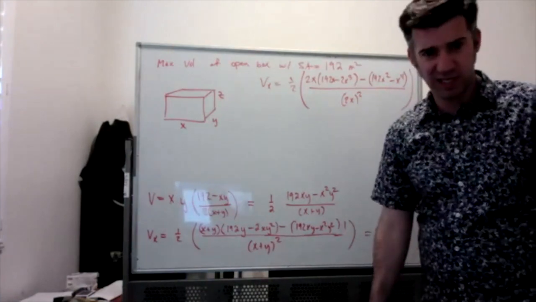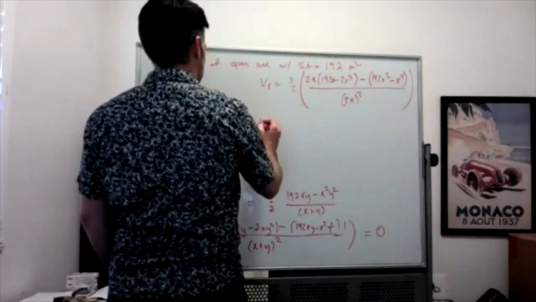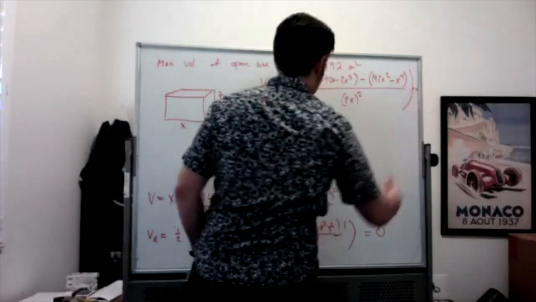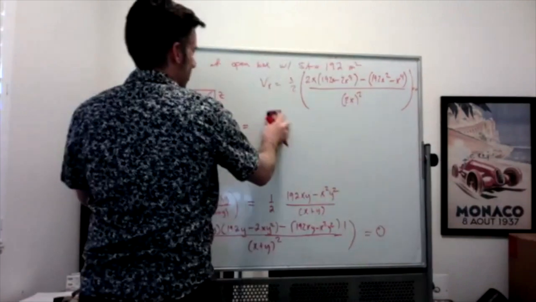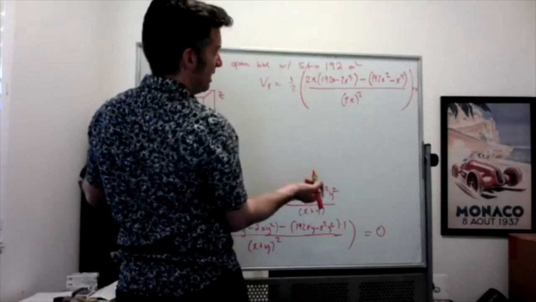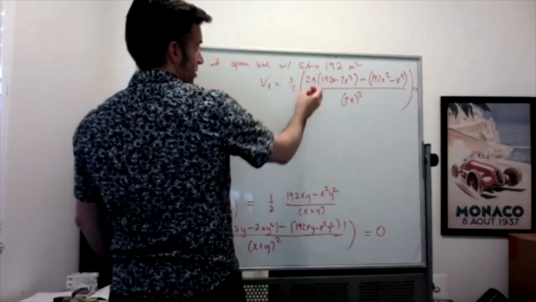It looks still pretty terrible, but it's manageable. This is 1/2 times, I don't really care about the right, I'm saying it's equal to 0. I don't care about the 1/2, all those have to 2. And then we're going to get, let's see. Yeah, 2x on it.